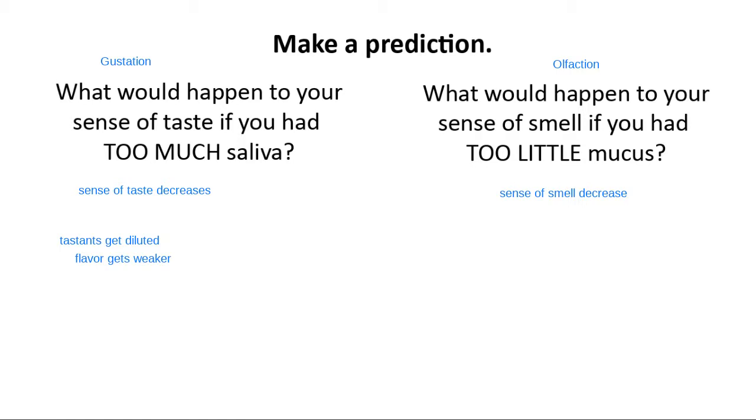So if I have too little mucus, I would not dissolve my odorants, my things that help me smell. If I can't dissolve them, I can't detect them. So I can't detect odorants that aren't dissolved.